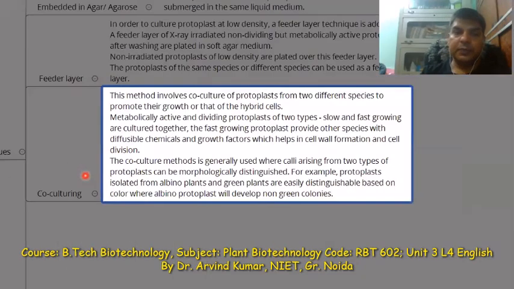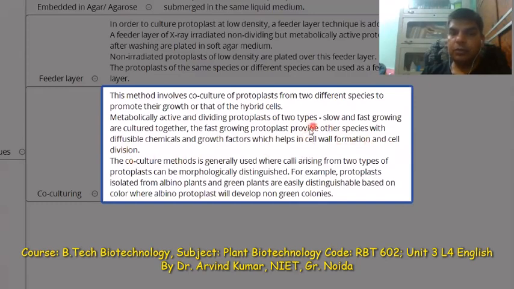Co-culturing. Now, co-culturing means that this method involves the co-culture of protoplasts from two different species to promote their growth or that of the hybrid cell. So, metabolically active and dividing protoplasts of two types, slow and fast growing, are cultured together. Fast growing protoplasts provide the other species with diffusible chemicals and growth factors which help in cell wall formation and cell division.